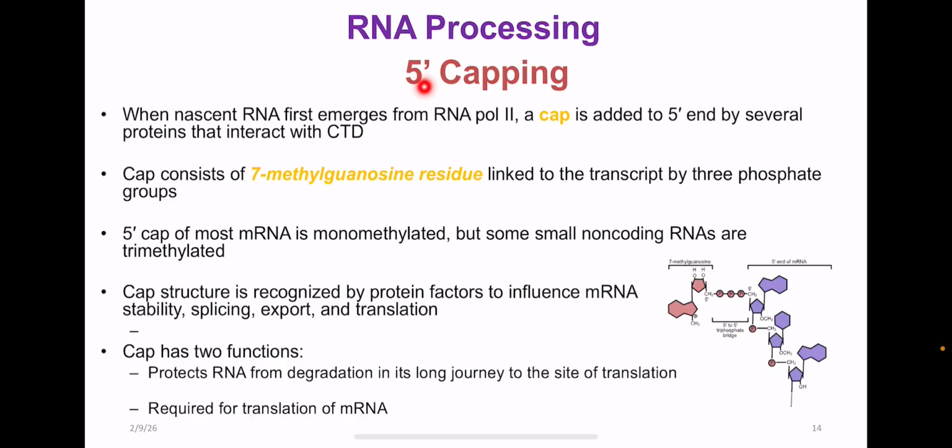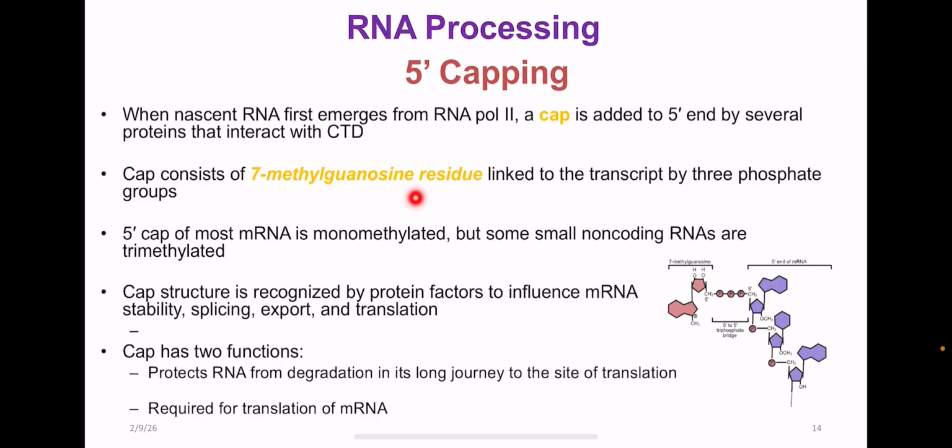The first one that is done is the 5' capping. We add a cap, a chemical group that functions to protect the 5' terminal. The cap consists of a 7-methyl guanosine residue, mostly written as m7G.